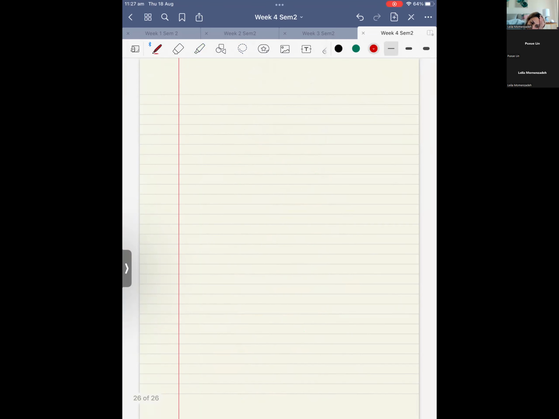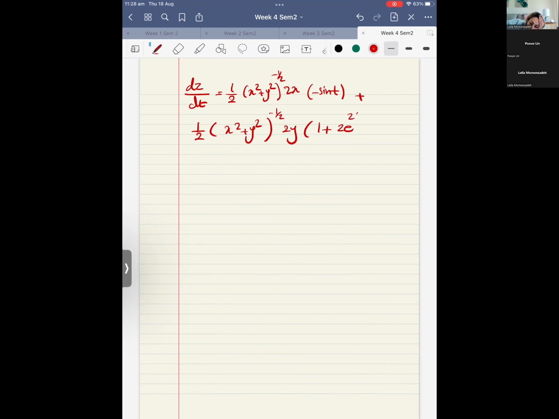I write here dz/dt is equal to 1/2 (x² + y²)^(-1/2) times 2x times minus sine t, plus 1/2 (x² + y²)^(-1/2) times 2y times (1 plus 2e^(2t)).